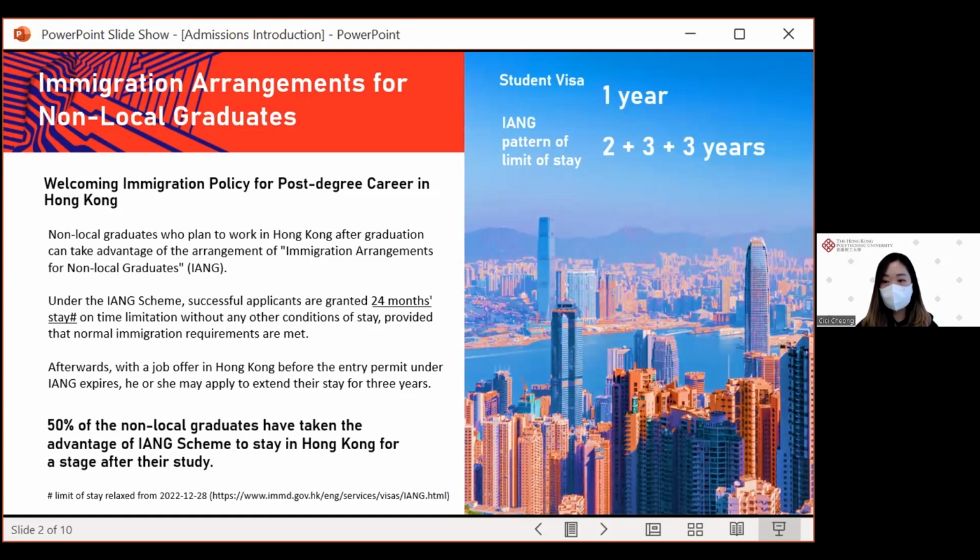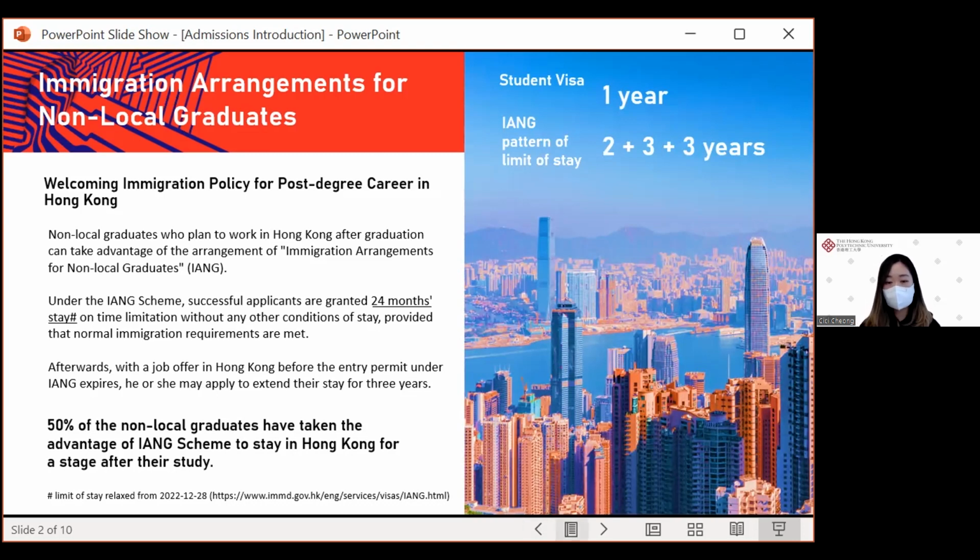If you are able to get a job offer in these 2 years, you may apply for an extension of the visa for 3 more years, subject to the immigration department's approval. So the maximum number of years that you may get for studying and staying in Hong Kong will be 1 year plus 2 plus 3 plus 3, so it's a total of 9 years in Hong Kong.